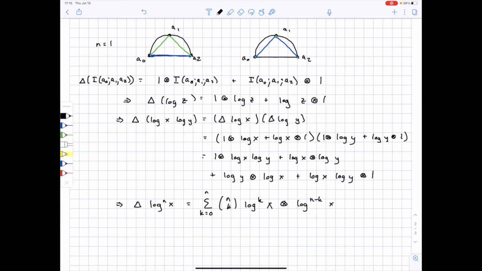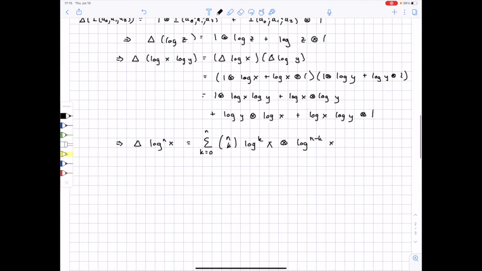Now remember that if you propose a formula for the coproduct, you have to check all the axioms, but the most non-trivial one is co-associativity.